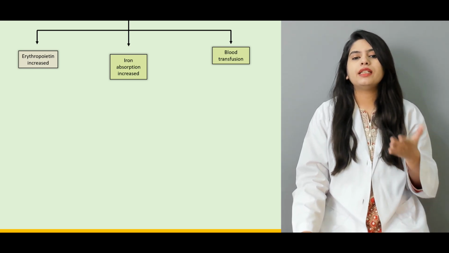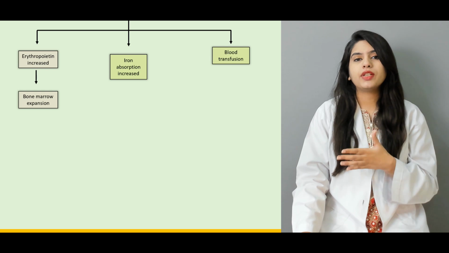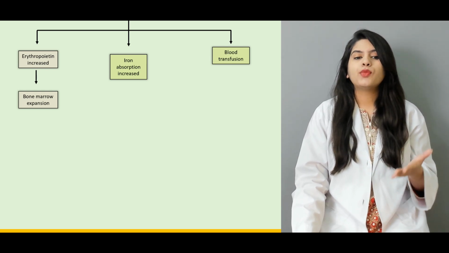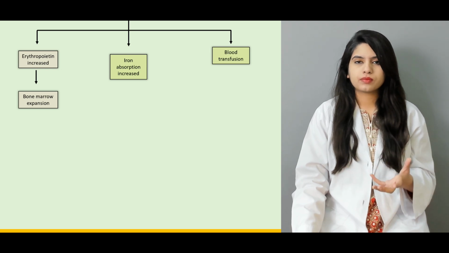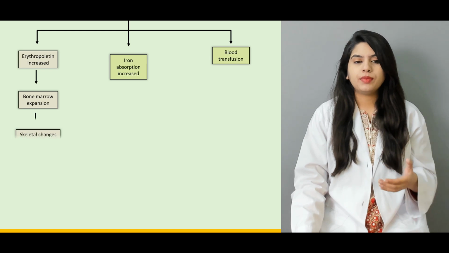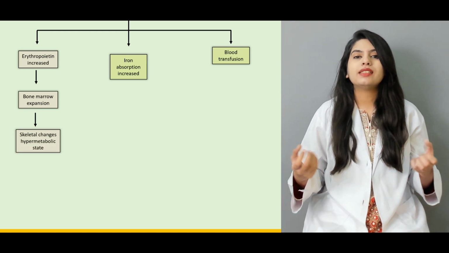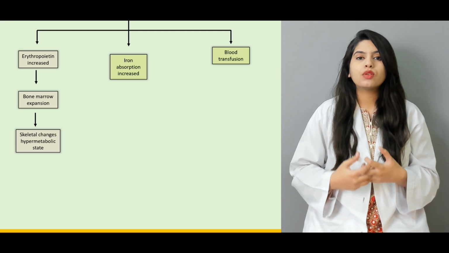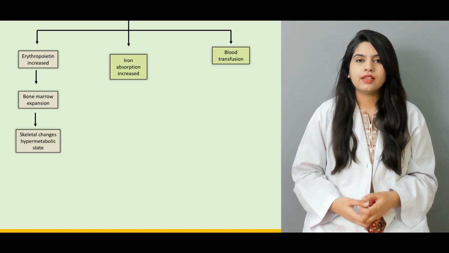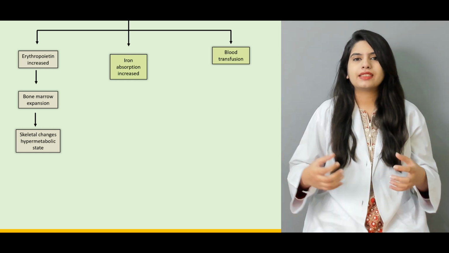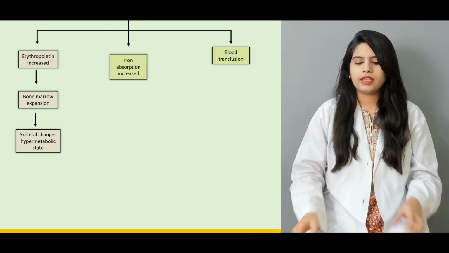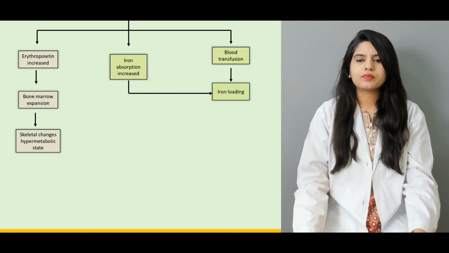When there is increased erythropoietin, that will lead to bone marrow expansion, as it will tend to produce more and more red blood cells. That will cause skeletal changes and a hypermetabolic state, and there will be some skeletal and structural defects in the body due to this condition.